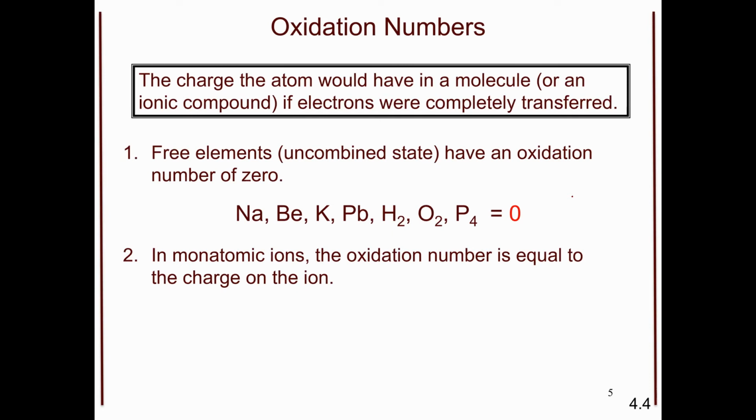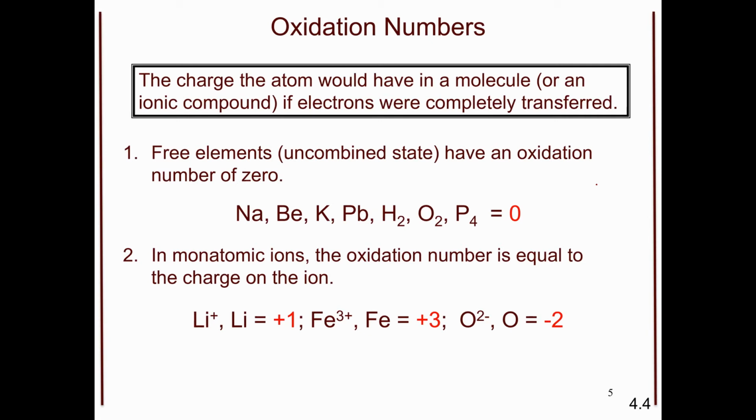Our second rule says for the monoatomic ions, the oxidation number is equal to the charge on the ion. This means that if we are able to describe our ion using one of our elemental charges that we have used previously during our nomenclature chapter, we are able to easily assign it an oxidation number. So lithium, which is in column 1, if it goes to lithium plus, we know it will be +1.